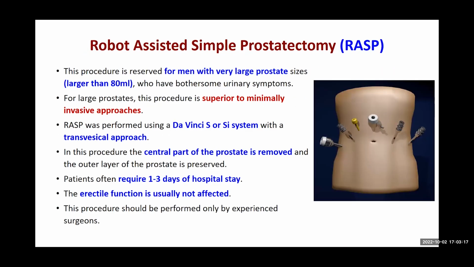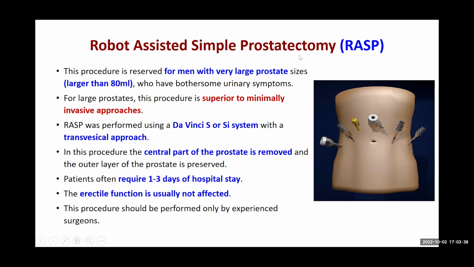All right. And the second last is the robotic assisted simple prostatectomy. This is used for men with a very large prostate, larger than 80 ml in volume. It is superior to the minimally invasive approaches that I've shown you previously.